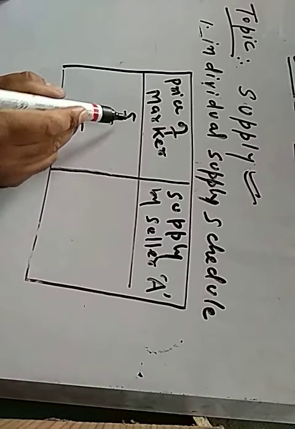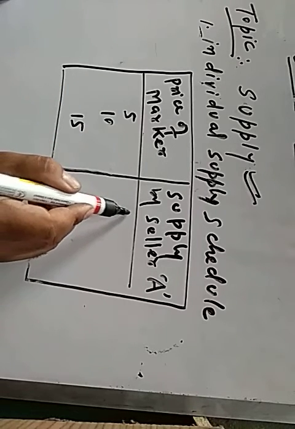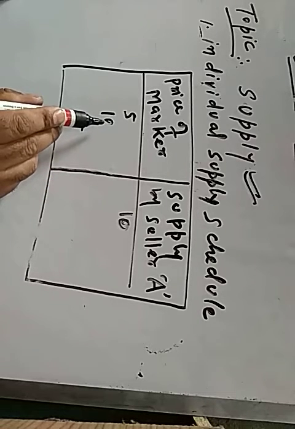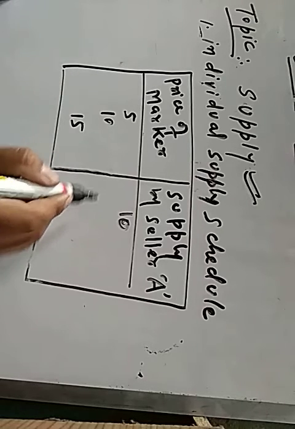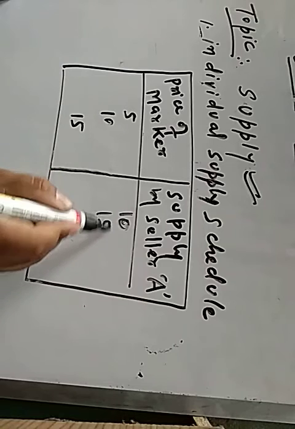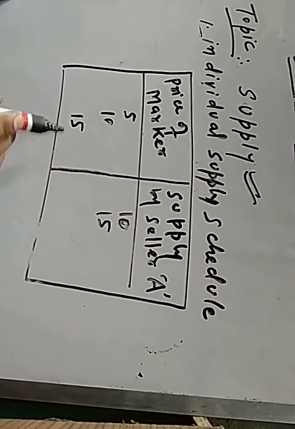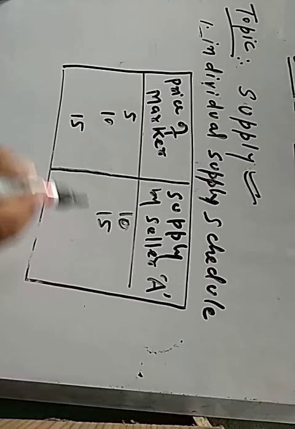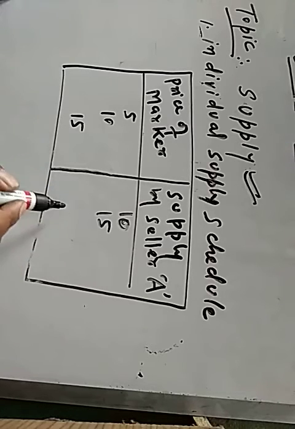When price is 5, suppose supply is 10 units of marker. When price increases, because an increase in price will increase his profits, as I have shown in my previous example, supply will increase from 10 to 15 units. If there is again an increase in price, supply will increase further, suppose from 15 to 20 units.